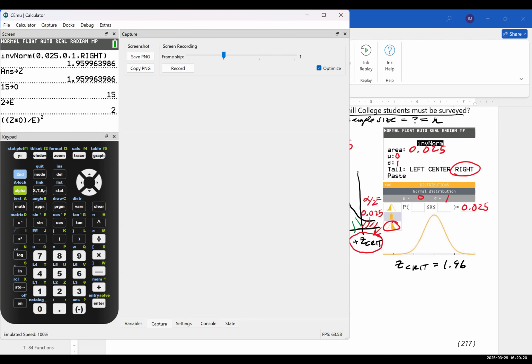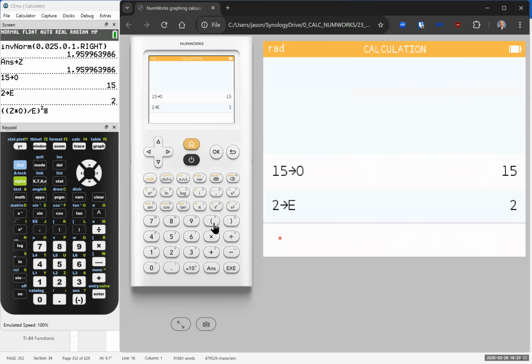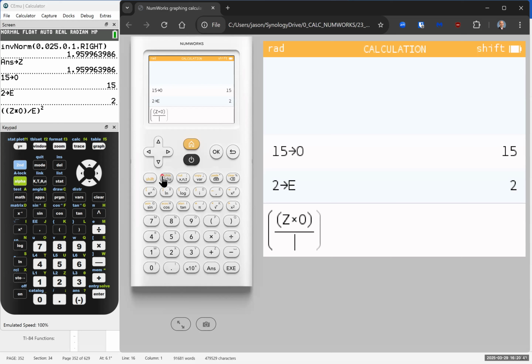On the NumWorks calculator, I'm going to do something very similar. I'm going to hit parentheses twice and Shift Alpha Z times Shift Alpha O. All right, and that's everything in my numerator divided by Shift Alpha E. And then I'm going to hit the right arrow so I can put parentheses again, and I want to square that.